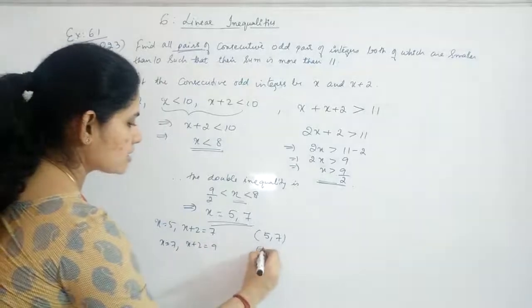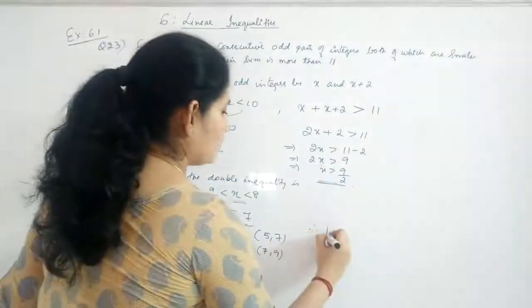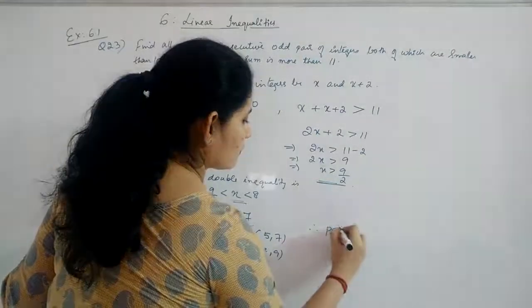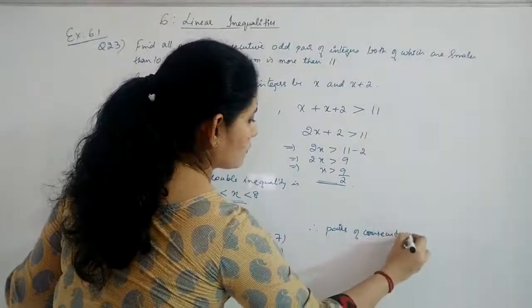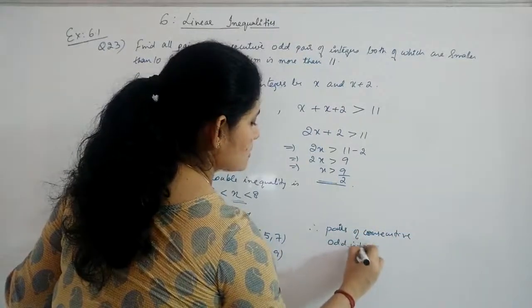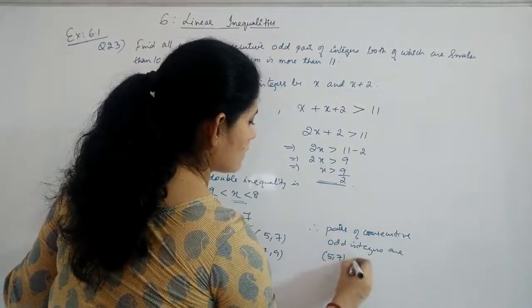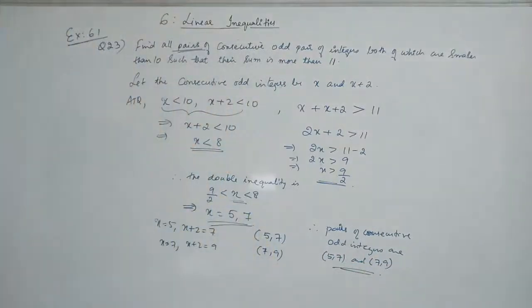So the other pair is 7, 9. Therefore, the pairs of consecutive odd integers are 5, 7 and 7, 9.